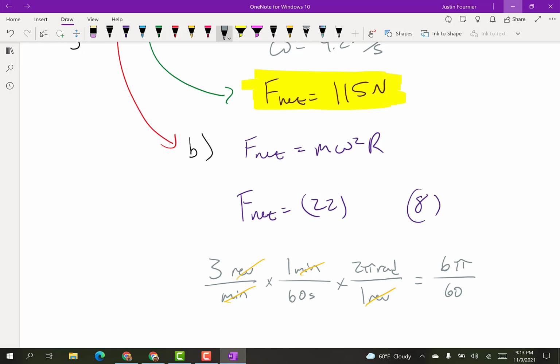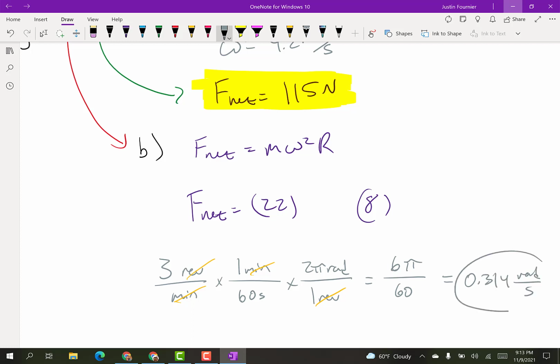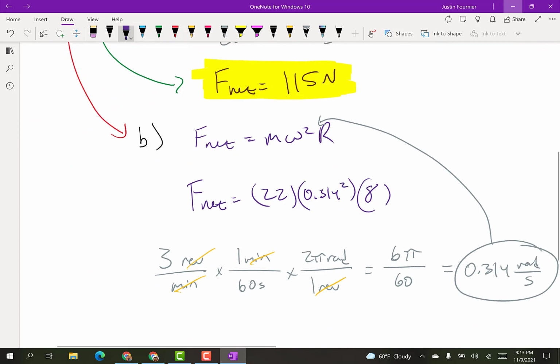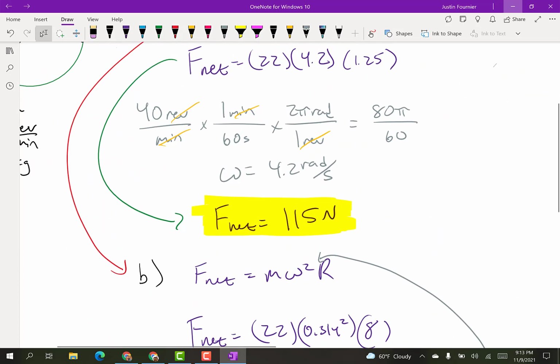I get 0.314, and that's in radians per second. I could take that and plug that in there. So this is 0.314 squared. Oh, I just realized I think I made a mistake in that previous one.